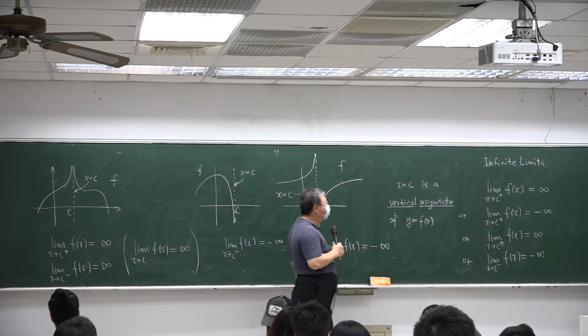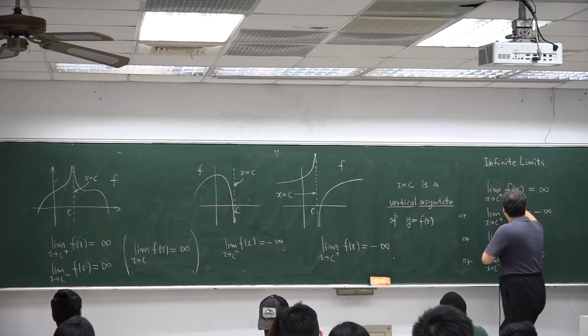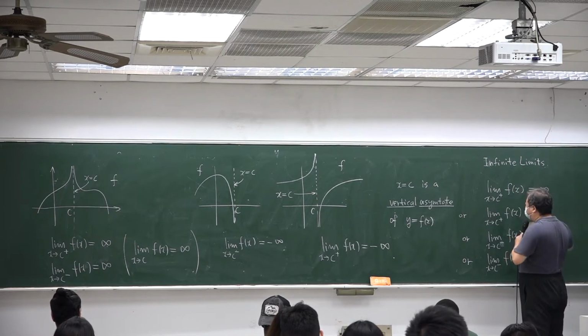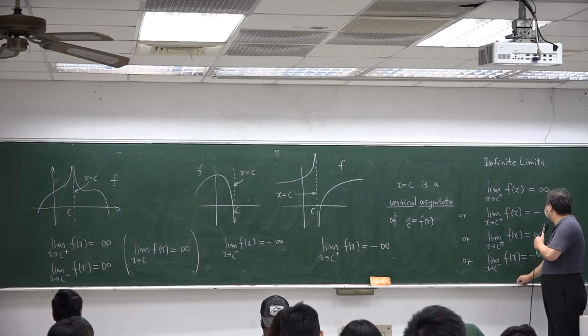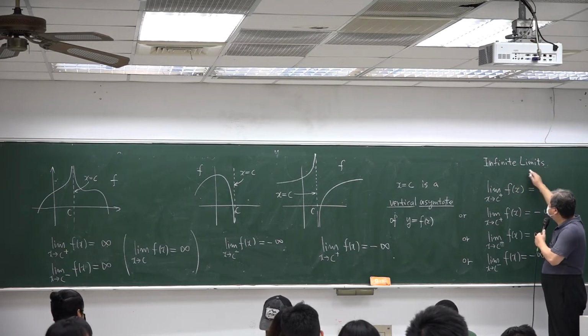Where finally, if the limit is not a finite number, but the behavior is getting larger and larger, or smaller and smaller, then we call this kind of limit an infinite limit. Infinite limit.